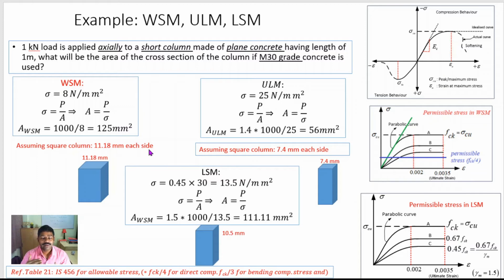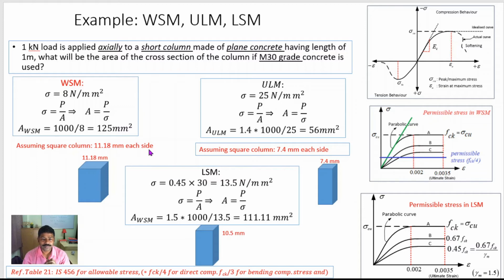We are enhancing the load by applying some factor of safety, and at the same time we are also reducing the allowable stress. So both ways we are trying to stay on the safe side.